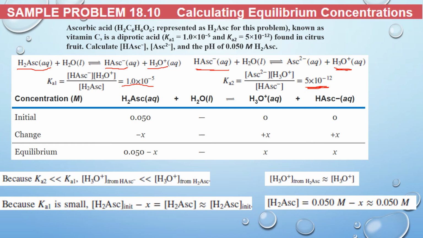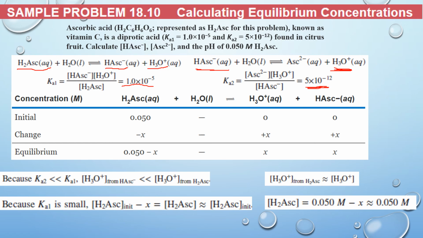In this case, I'm going to make 2 assumptions. The first assumption is that the Ka2 value is so much smaller compared to Ka1, meaning that the proton generated in the second equation is much smaller than the proton generated in the first reaction.